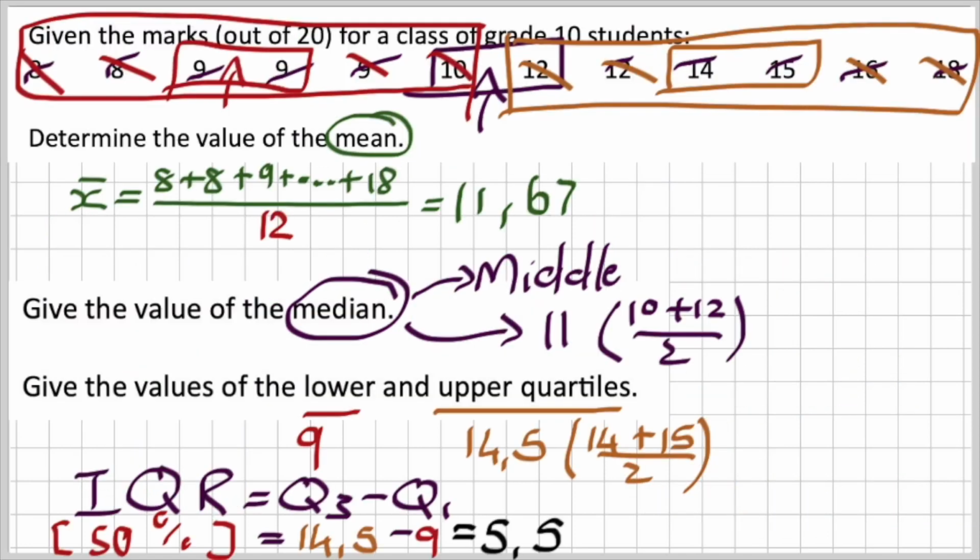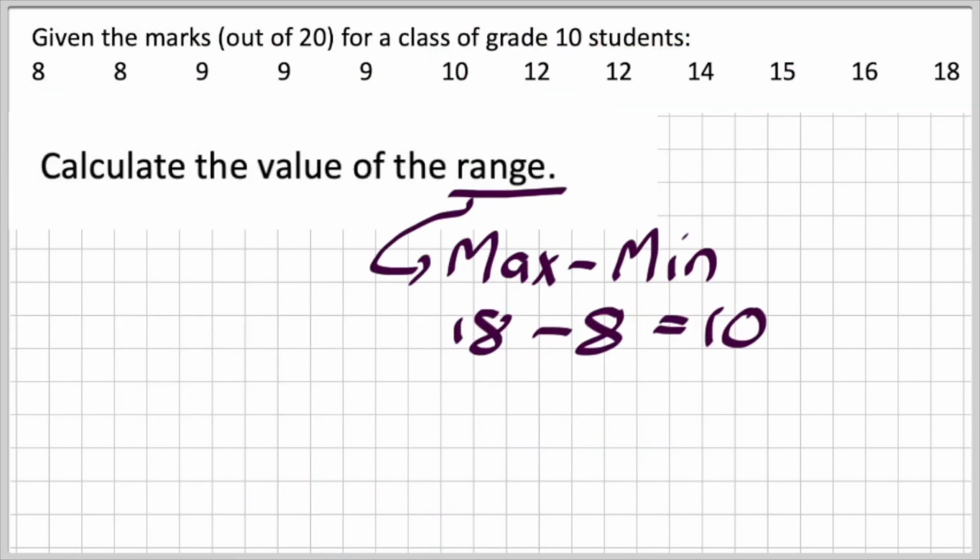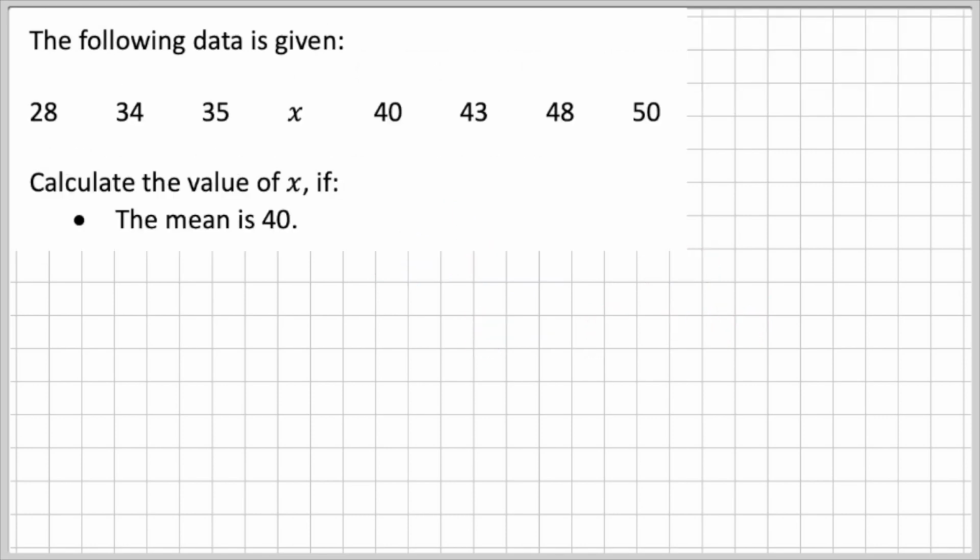Then we did a few sums on mean and median, upper and lower quartiles, even the range. And I talked about the difference between the range and the interquartile range, and the advantage of rather looking at the interquartile range. But for this video, we are specifically going to look at a bit more interesting mathematics.